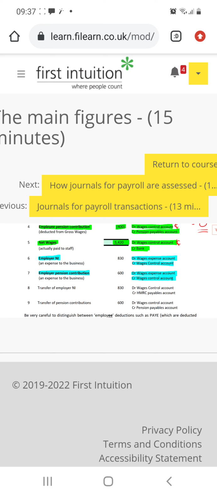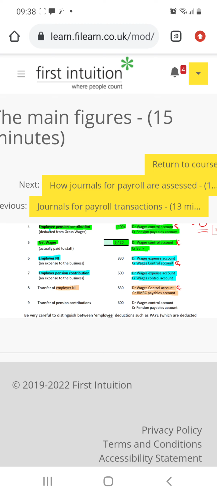I need to think, what do those two entries for wages control really relate to? Well, the whole point is the employer's national insurance element, the 830 quid there. Actually, what do we need to do with that? I need to hand it over to Revenue and Customs, so we can debit wages control and credit HMRC payable account, so that will cancel out that wages control.